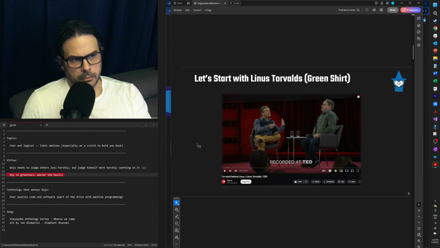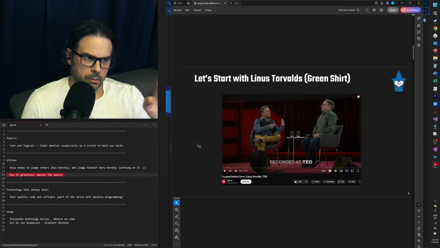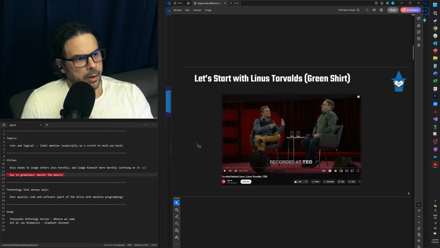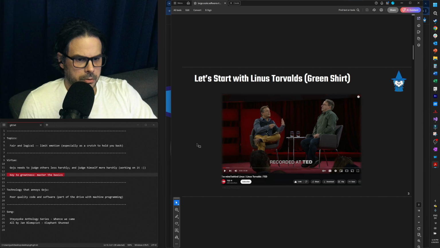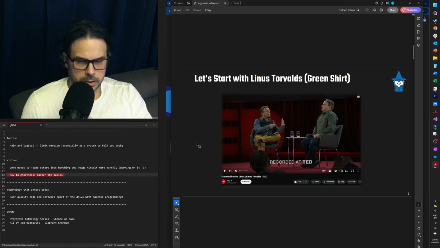I think the derivative there is the Android operating system, as I understand it, is derived in some capacity from the Linux kernel. And if you consider all the people that are using Android, as well as general Linux in all of its variants, it's supposedly the most used operating system on the planet today.